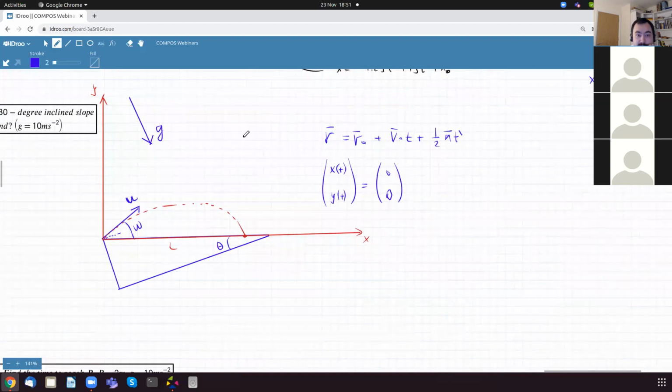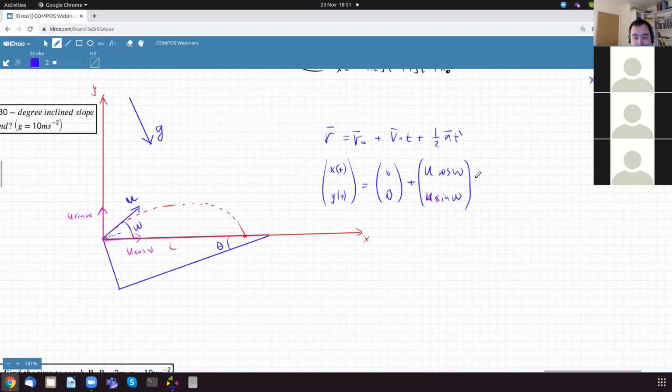0, 0 is the initial coordinates of the object, plus velocity, which is u cos omega, so that's the horizontal component of the initial velocity, and this is u sine omega, multiplied by t, plus 1/2 multiplied by the acceleration.